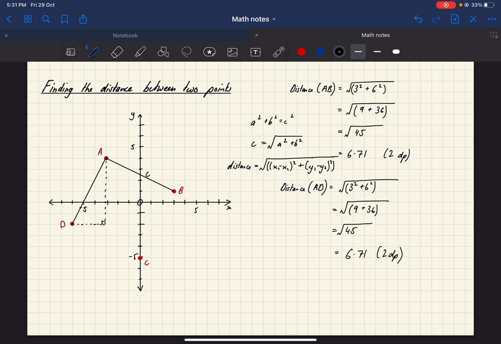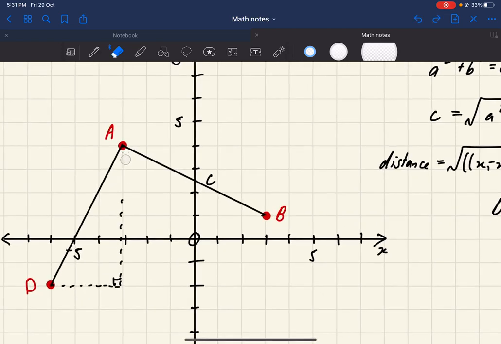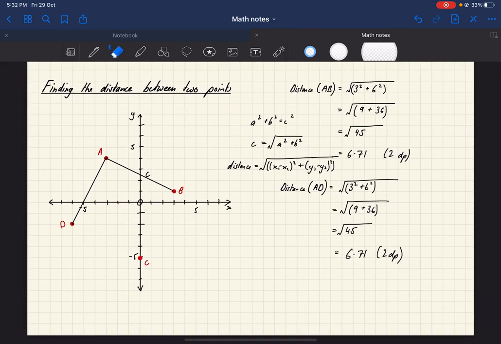Alright, let's try the distances. Let's try the distance between A and C. So I'll get rid of these little lines here. Let's do this distance here.